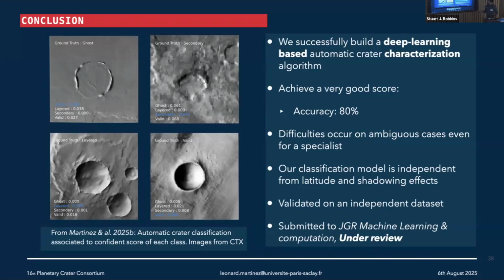And we can see that there are still difficulties or drops in performance when we are on ambiguous cases. But actually, it worked in a satisfying way. This work was also submitted to a peer-reviewed journal, which is under review.